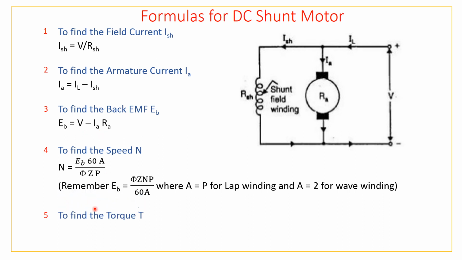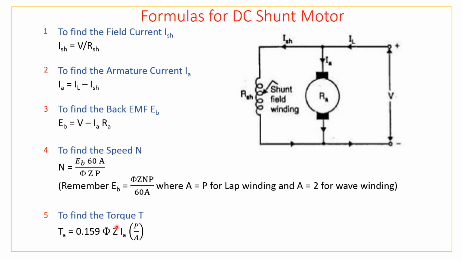Finally, we have already derived the equation of torque, TA. Torque is equal to 0.159 ΦZ IA P by A, where P is the number of poles and A is the number of parallel paths, where A is equal to P for lap winding and A is equal to 2 for wave winding. It remains the same here. You should remember these steps.